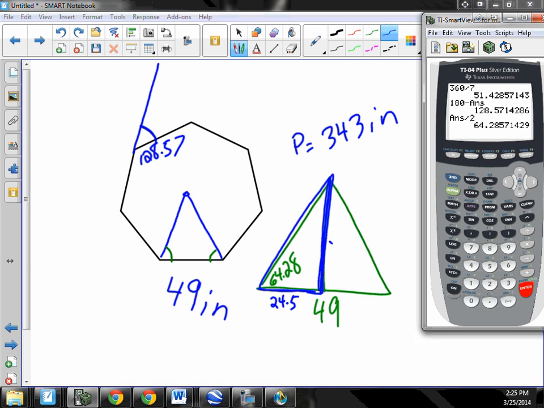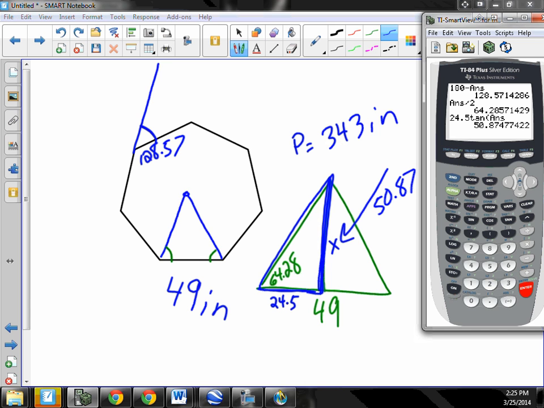And I'm looking for x. It's still tangent. So it's the tangent of 64.28 equals x over 24.5. 24.5 tangent of that angle. That gives me a height of 50.87.